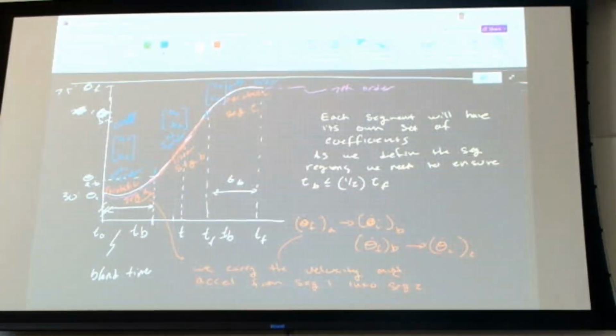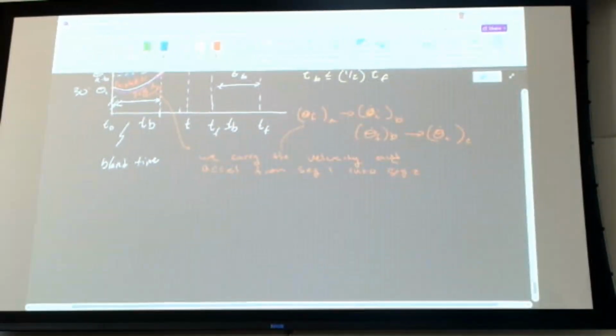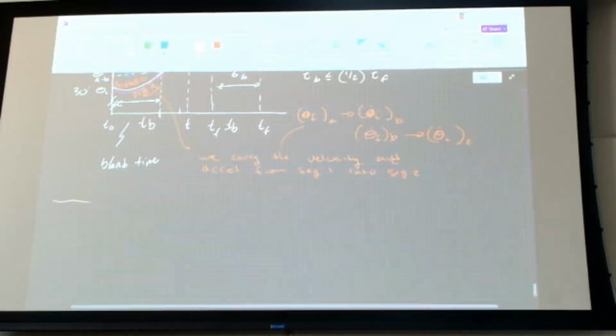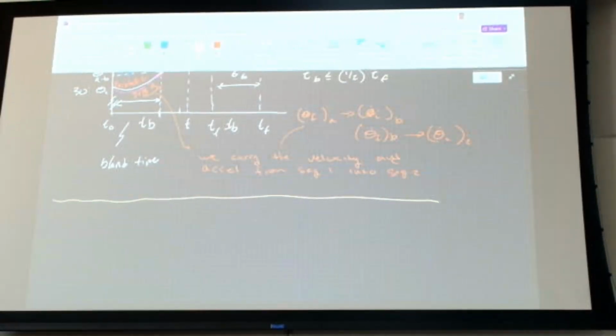And so we can look at this, say, a second order, say theta of t. We can write that as C0 plus C1 t plus C2 t squared.